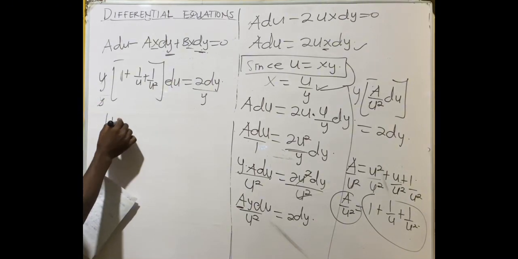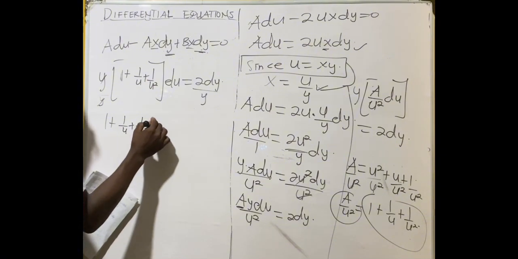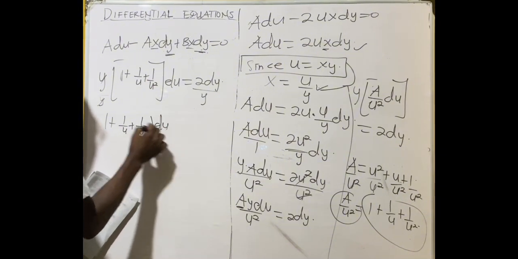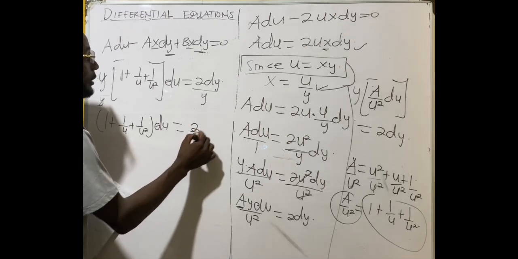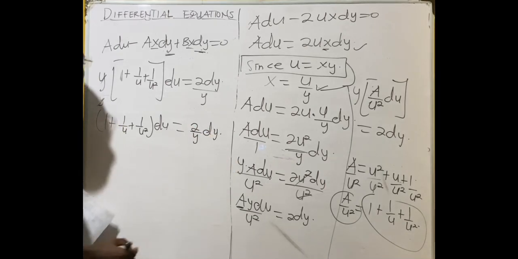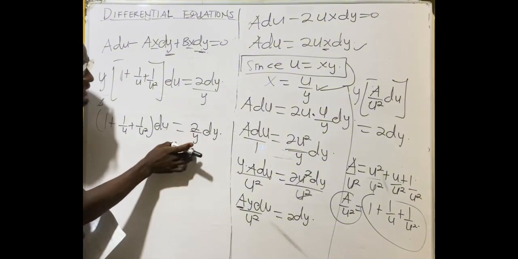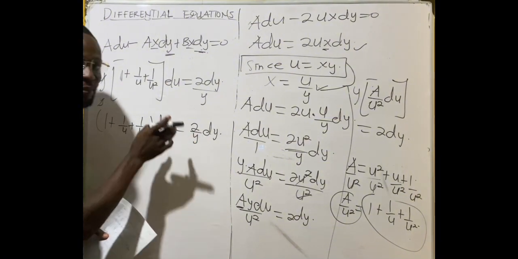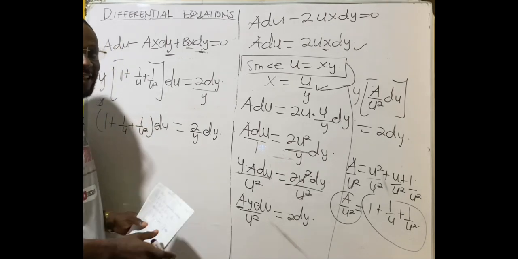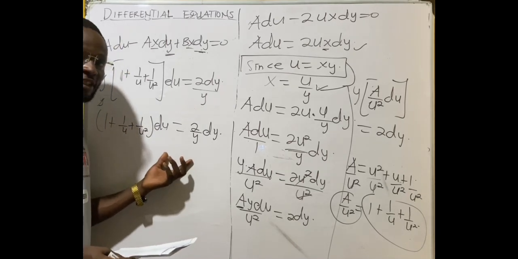So we have 1 plus 1 over u plus 1 over u squared, du to be equal to 2 over y dy. Okay, so this is what we are coming to integrate so far.